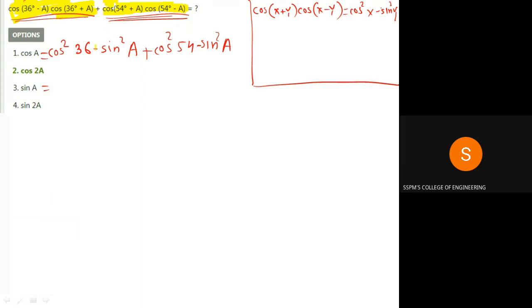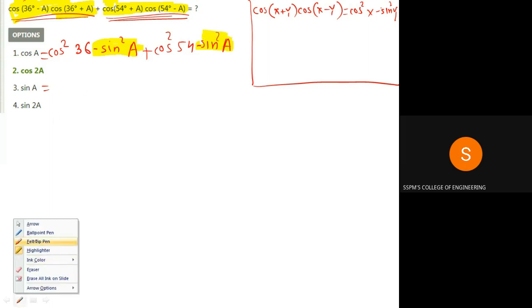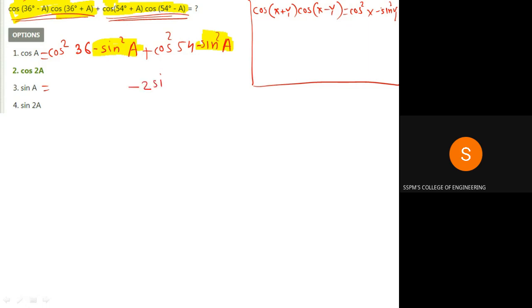This part is minus sin square a. Again you can see minus sin square a. Instead of that you can write minus 2 sin square a. What is the remaining part? Cos square 36 plus cos square 54.